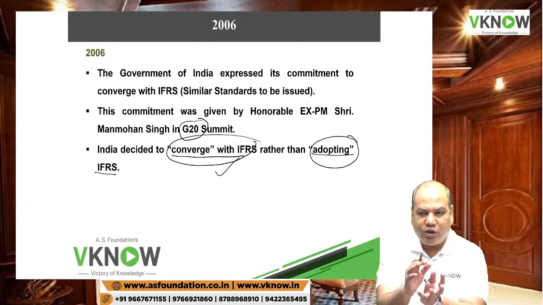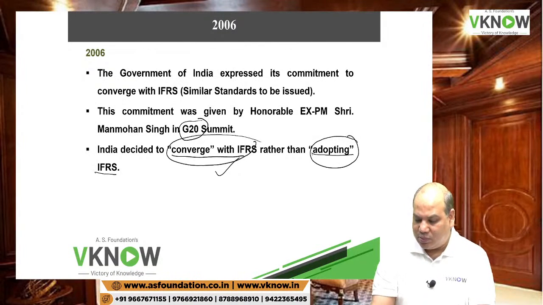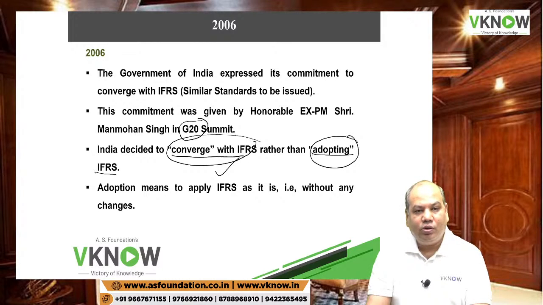If you just keep aside those few differences, then Ind AS and IFRS become the same. IFRS adoption means the same IFRS will be copied as it is, copy paste. But convergence means we will make some changes. What the Indian environment suits will be added, and what does not suit can be deleted.